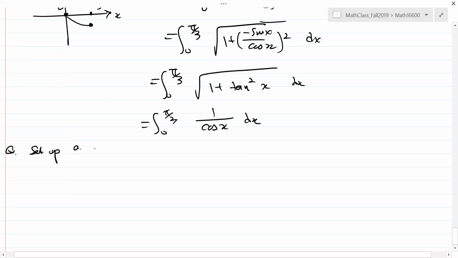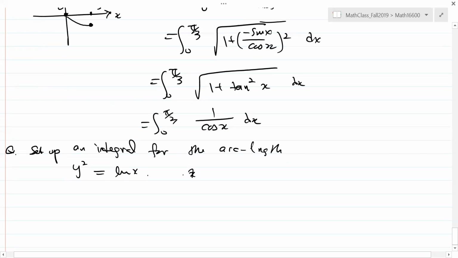Set up an integral for the arc length. The graph is given by this equation. The y is between negative 1 and positive 1.